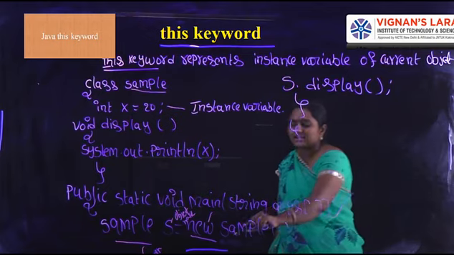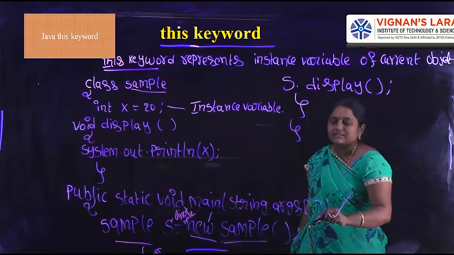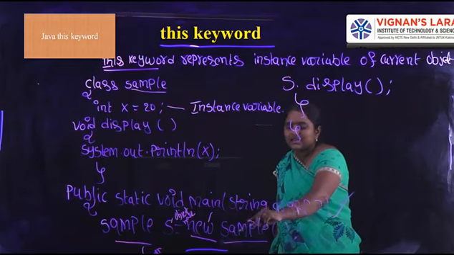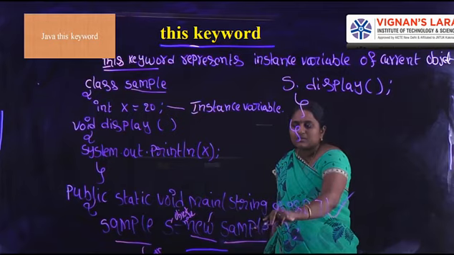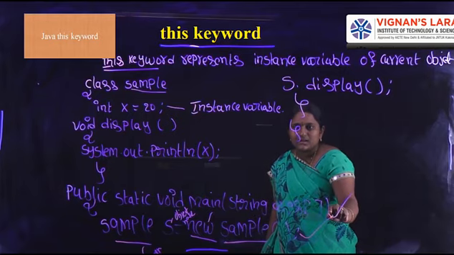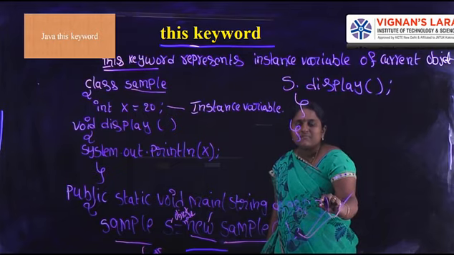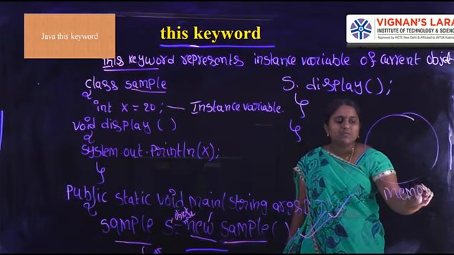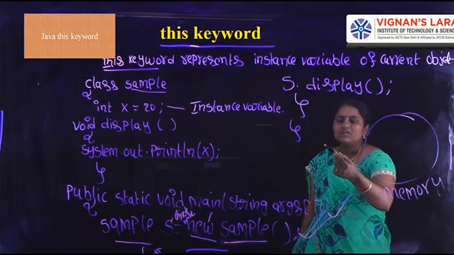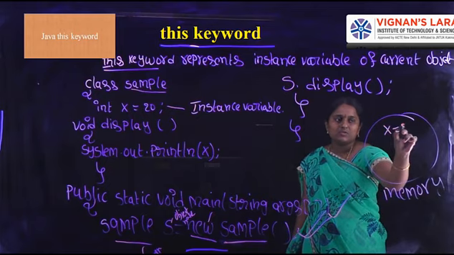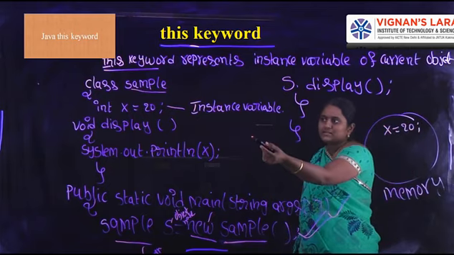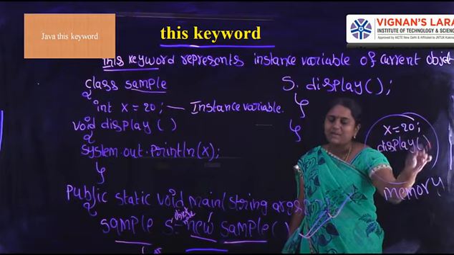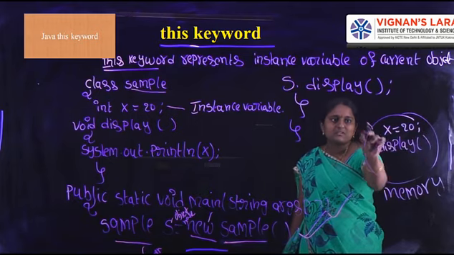Here Sample() is the constructor. We have already seen the constructor concept in the previous class. The constructor name is the same as the class name. Whenever control executes this statement, whenever the JVM finds these statements, the JVM allocates memory for instance variables and instance methods.